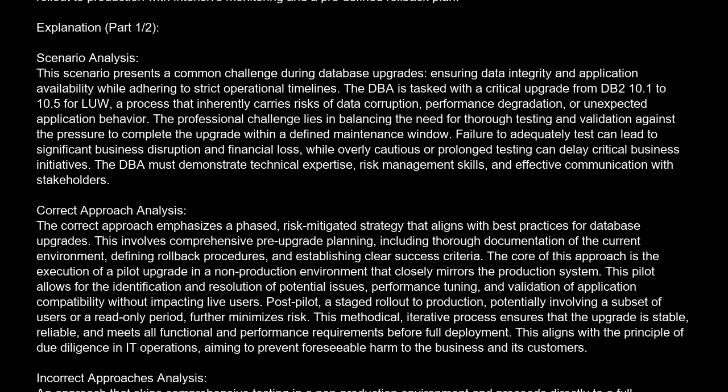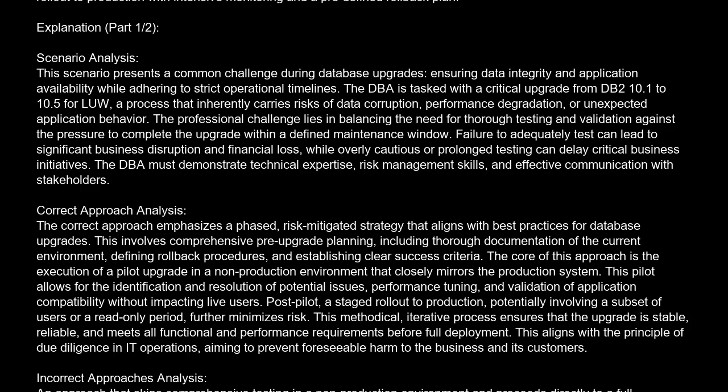Explanation. Scenario analysis. This scenario presents a common challenge during database upgrades: ensuring data integrity and application availability while adhering to strict operational timelines. The DBA is tasked with a critical upgrade from DB2 10.5 to 11.5 for LUW, a process that inherently carries risks of data corruption, performance degradation, or unexpected application behavior.